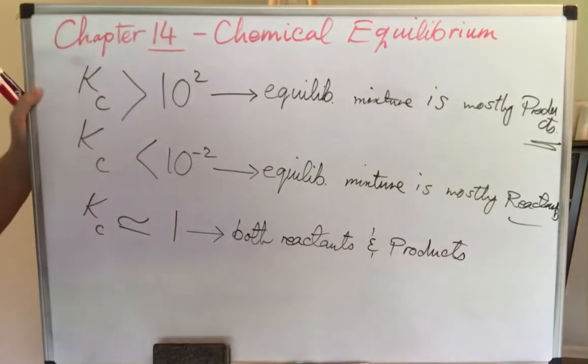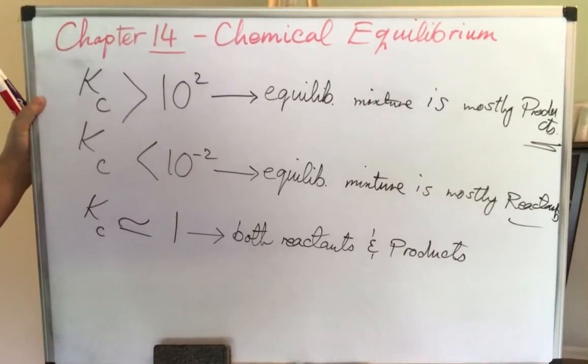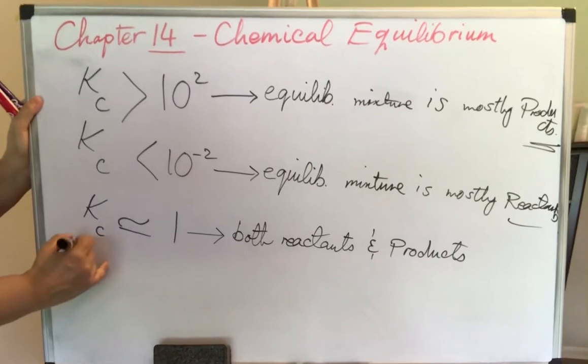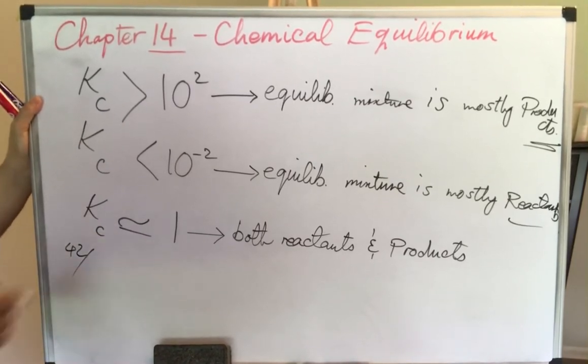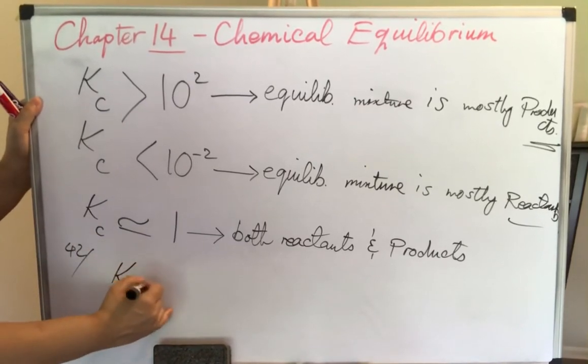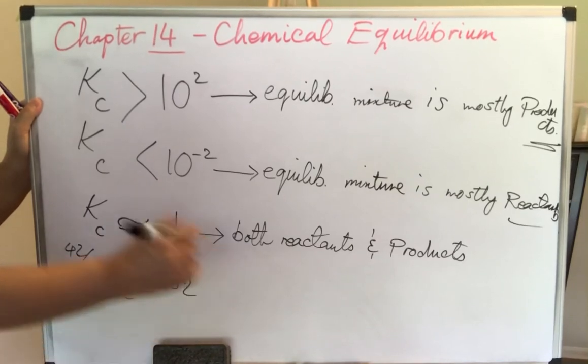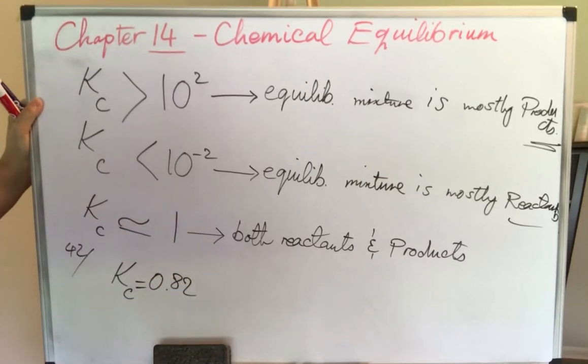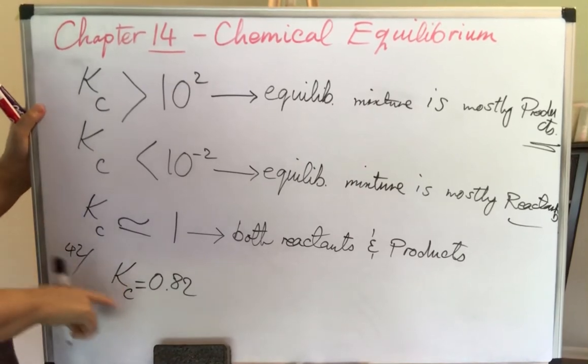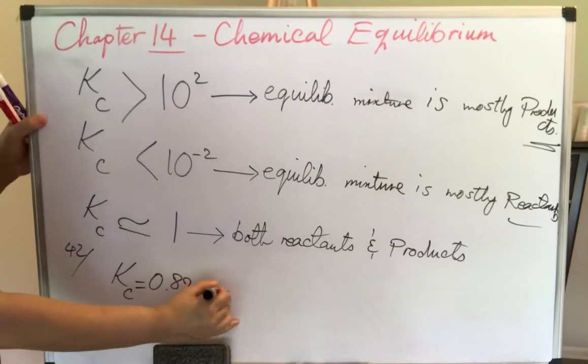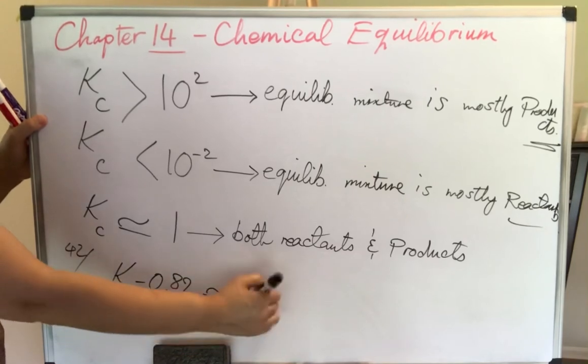So let's work on an example to make it more clear. On slide number 42, it says Kc for a reaction is 0.82. Describe the composition of the equilibrium mixture. This value is closer to 1, right?